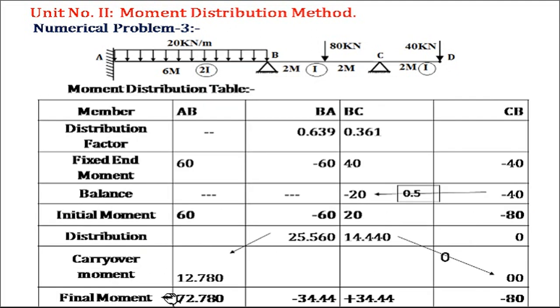Next we found the moments. Moment in member AB is 72.780. Moment in member BA is minus 34.44. Moment in member BC is plus 34.44, and moment in member CB is minus 80. These moments will be required to draw the bending moment and shear force diagram.